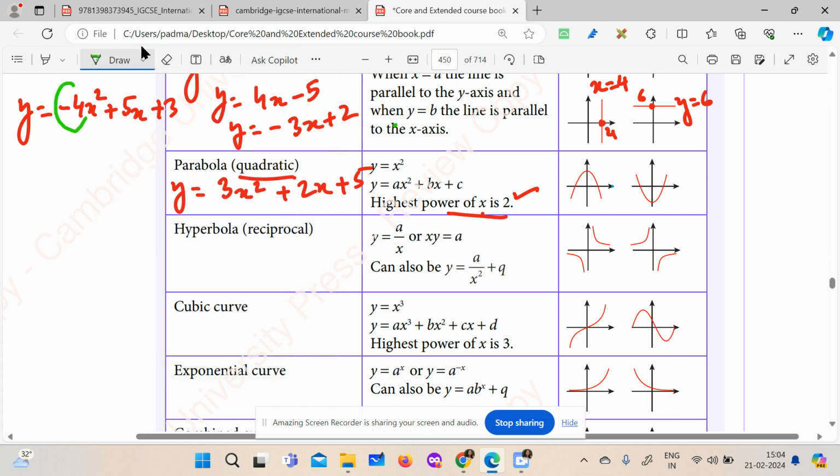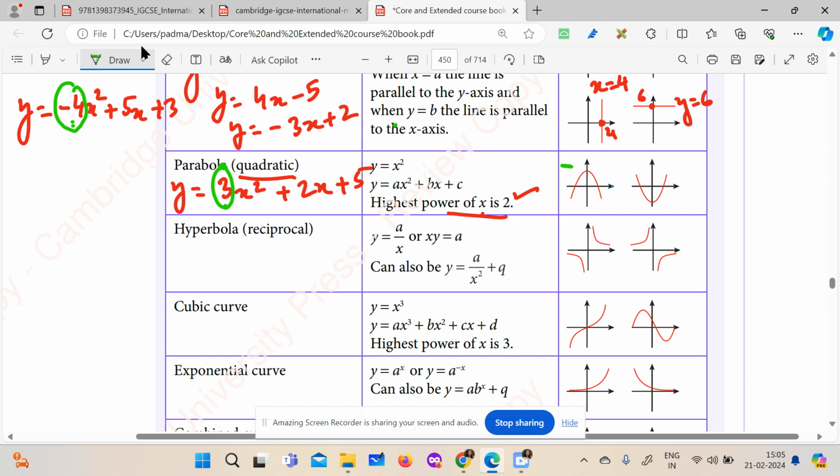You have to mainly look here. The coefficient of x square is negative here, and here the coefficient of x square is positive. Depending on the coefficient of x square, the nature of our graph will change. When you have a negative coefficient of x square, your graph is like this.